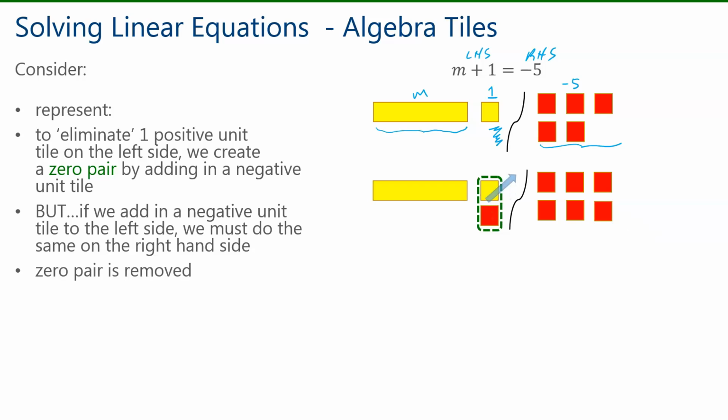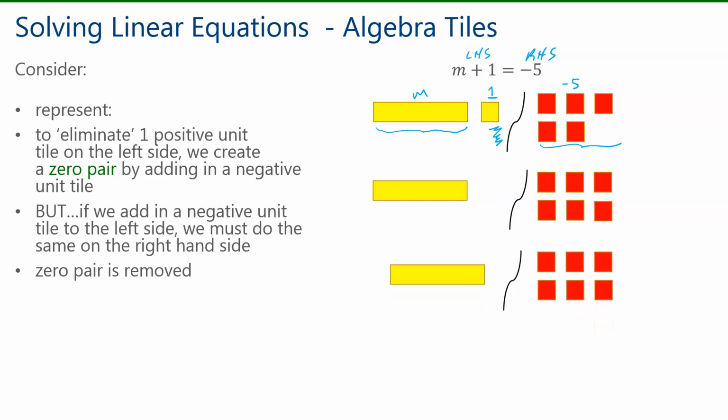The 0 pair now, we can get rid of that. And we have solved our equation. We now have our variable tile isolated, which is exactly what we want. On the left-hand side, we're left with our 1m, and on the right-hand side, we have 6 negative unit tiles, therefore, -6. m equals -6, and we will verify.